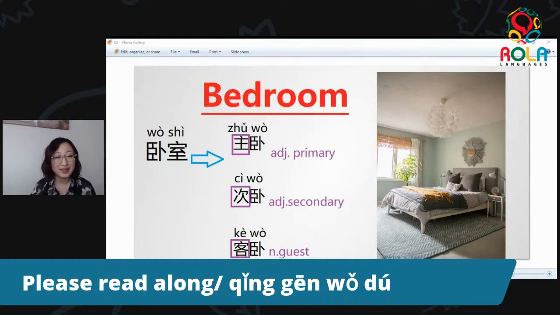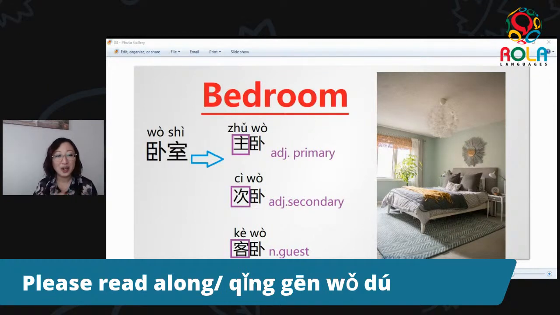Next one is 次卧. 请跟我读次卧. 次. Again, it's an adjective, as you can see from the screen. It means secondary. And then the last one, 客卧. 客卧. 客, we actually encountered it quite a few times. It is a noun. It means your guest.